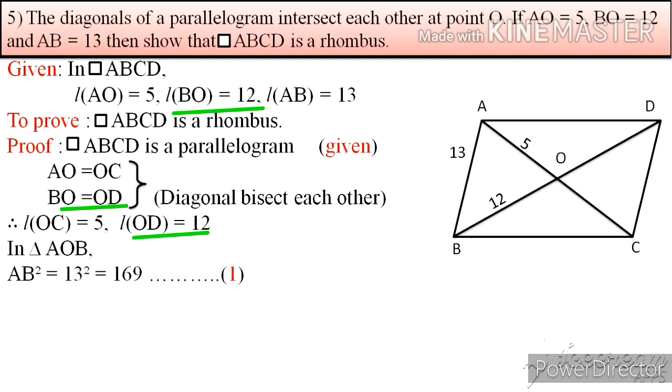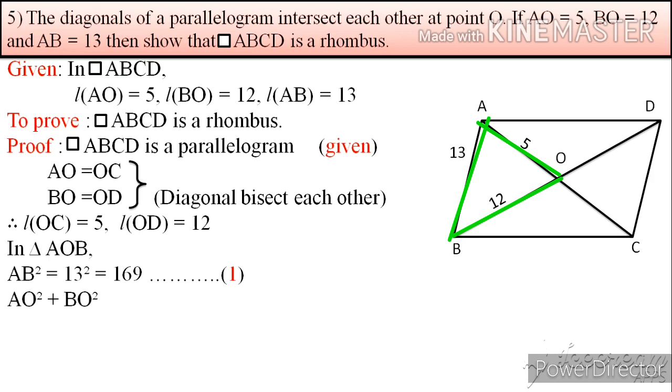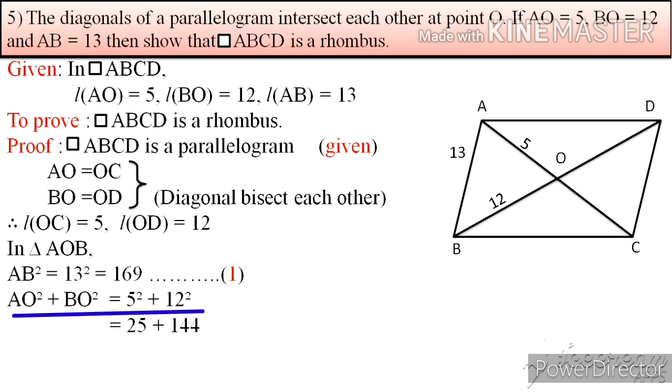Now, we will take triangle AOB. AB square equals, AB value is given 13, square of 13 is 169. Call this equation number 1. AO square plus BO square equals, substituting AO is 5 and BO is 12, square of 5 is 25 and square of 12 is 144.